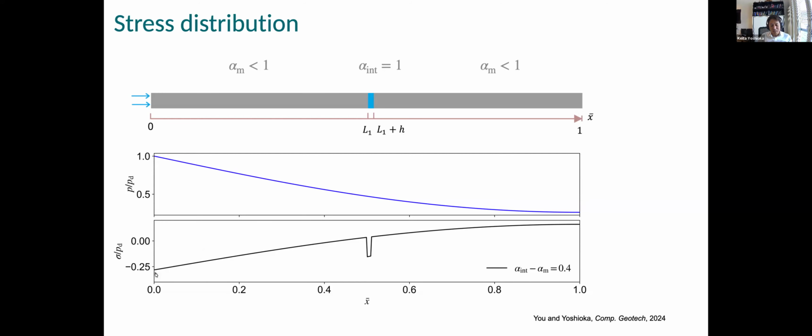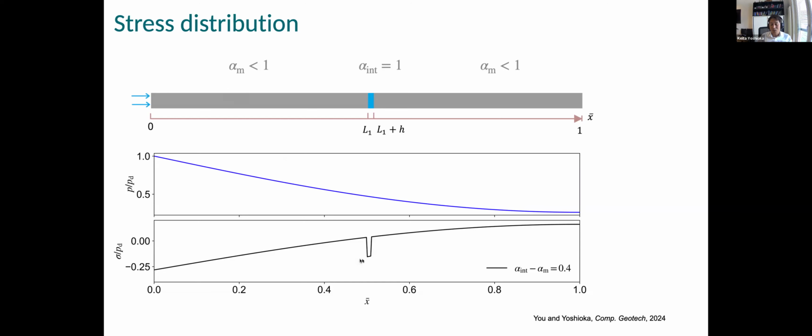And for the stress, it is under tension, and also it has some impact of this weak interface. So here the Biot coefficient is 1, and in this case we set the difference in the Biot coefficient to 0.4. So the intact part of this rock has a Biot coefficient of 0.6.